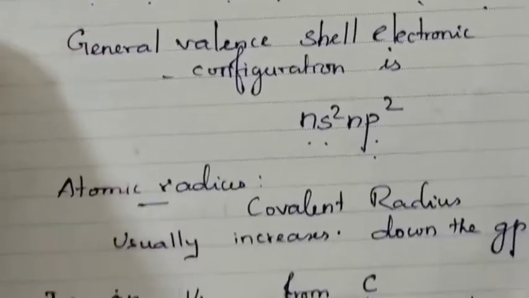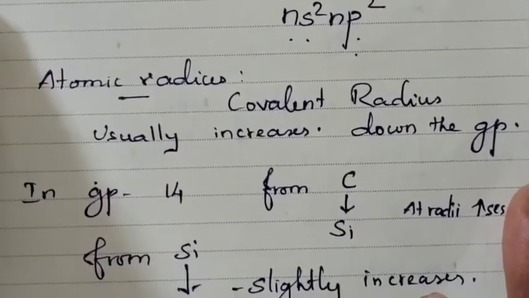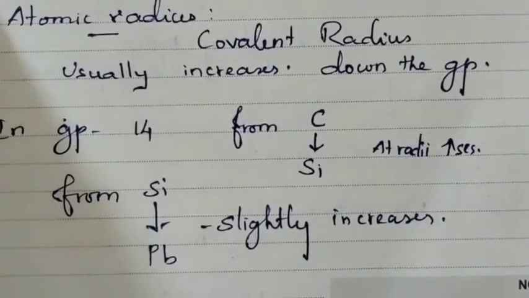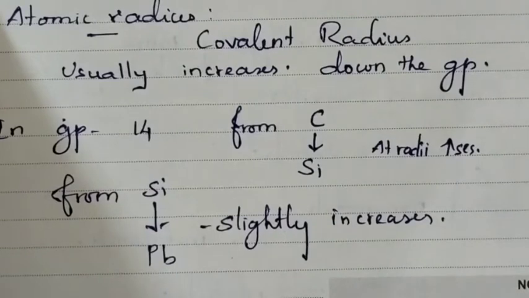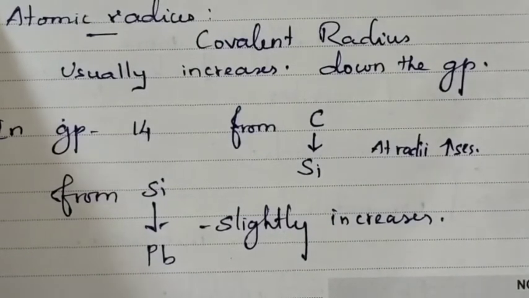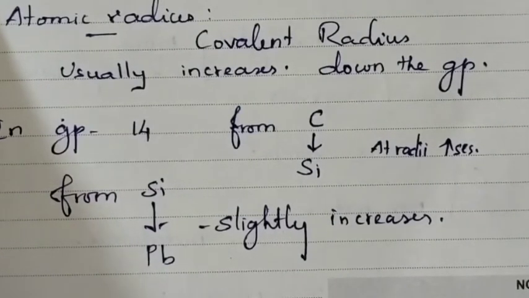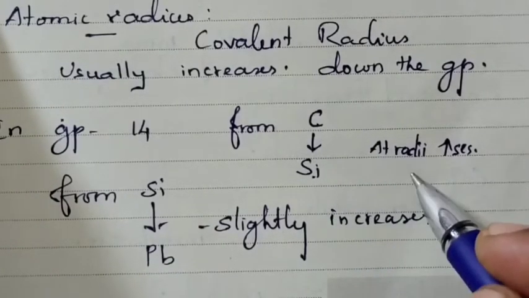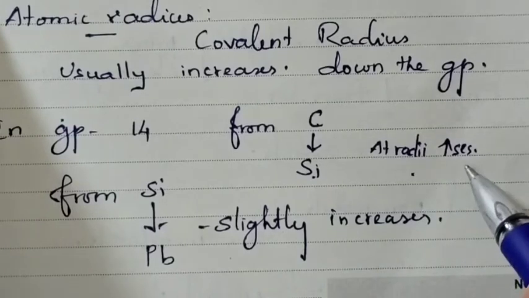Now the next property is atomic radii. When we move from top to bottom in a group, atomic radii increase due to the increase in energy level. Similarly, in group 14, when we move from carbon to silicon, atomic radii increase due to the increase in energy level.